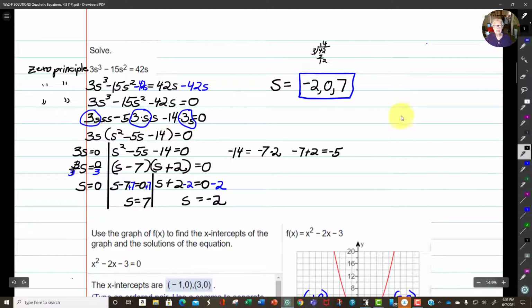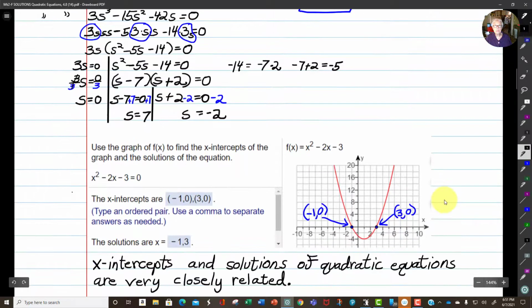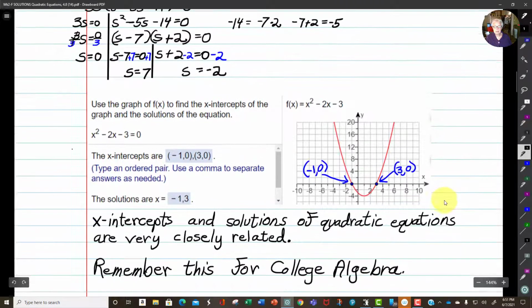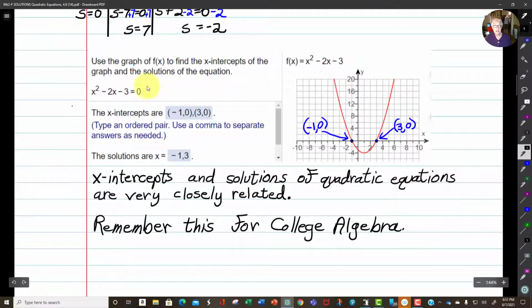Now here's an interesting fact that you need to remember for college algebra. If I graph f of x equals x squared minus 2x minus 3, I get this graph. The x-intercepts are negative 1, 0, right there, negative 1 on the x-axis, and 3, 0, which is 3 on the x-axis.